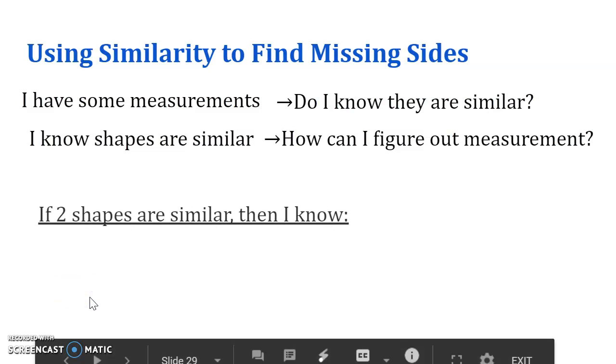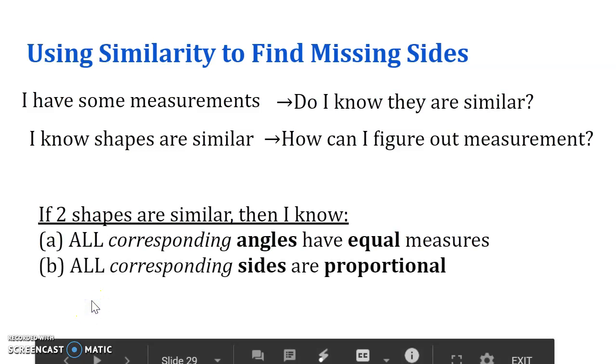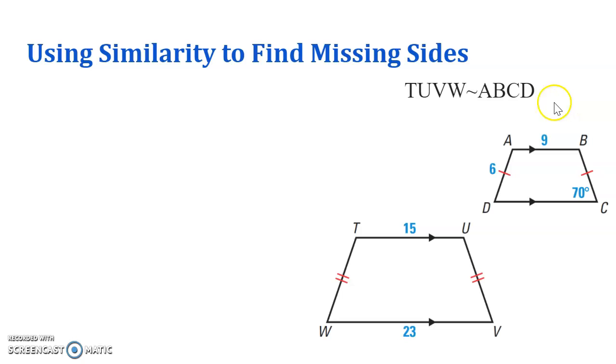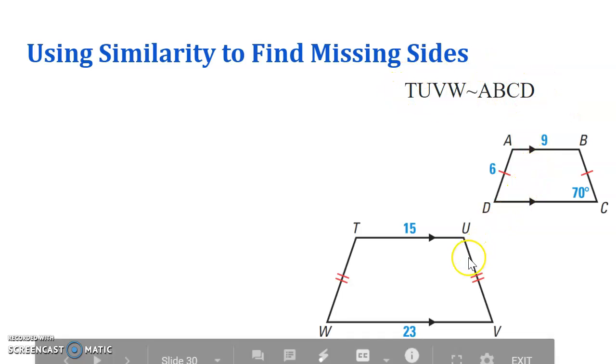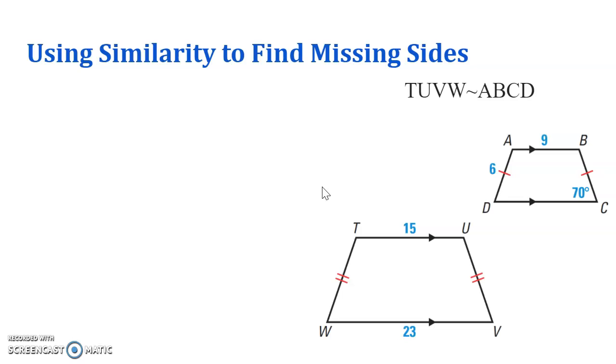If two shapes are similar, then all corresponding angles are equal in measure and all corresponding sides are proportional. Likewise for this polygon, if we're given that these two polygons are similar by this similarity statement, then corresponding sides are proportional and corresponding angles are congruent.